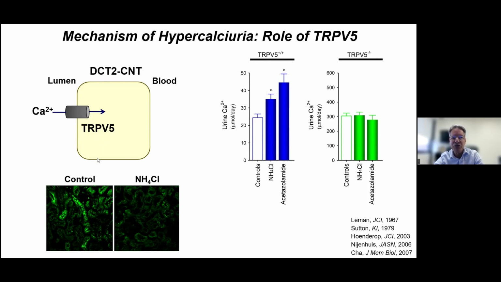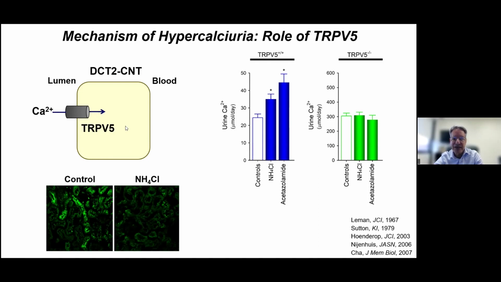It's also been shown that the transport is very sensitive to the extracellular and intracellular pH. Okay, so in the presence of metabolic acidosis, you have less TRPV5 channels and a direct pH effect where you have less calcium absorption into the cell, back into the blood.